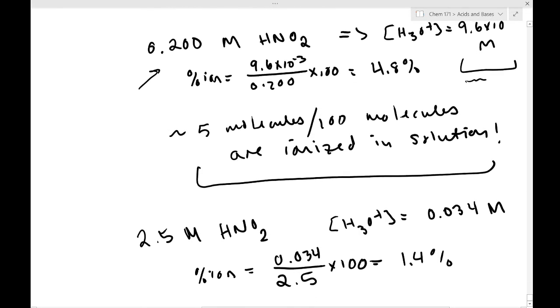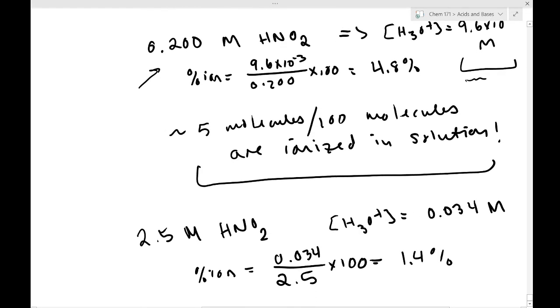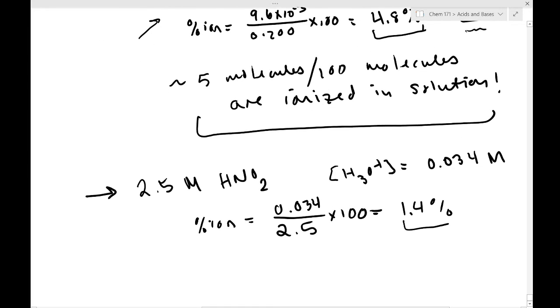So above, with a less concentrated solution, we started out with 0.20 and we went to 2.5, so we increased it by more than a factor of 10. We see that the percent ionization goes down significantly. It's about 1.5 molecules out of 100 that are now ionized versus the 5 that we had before.